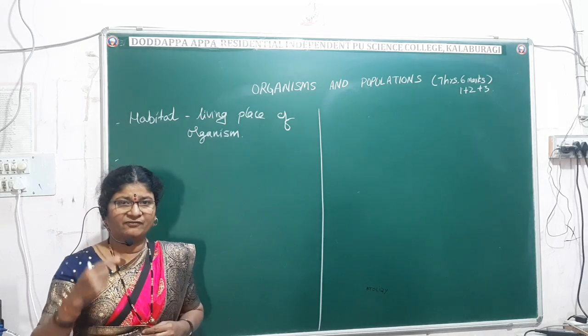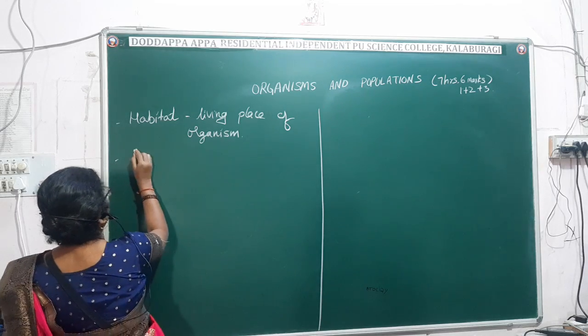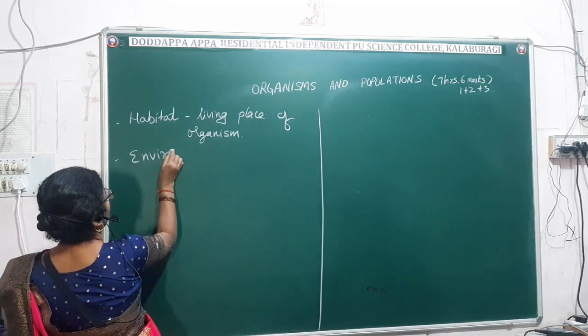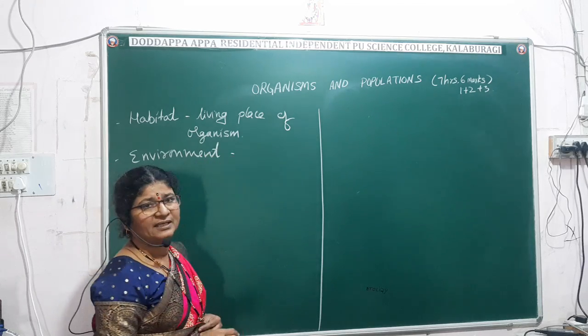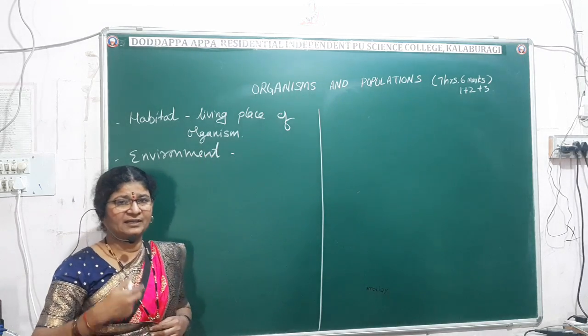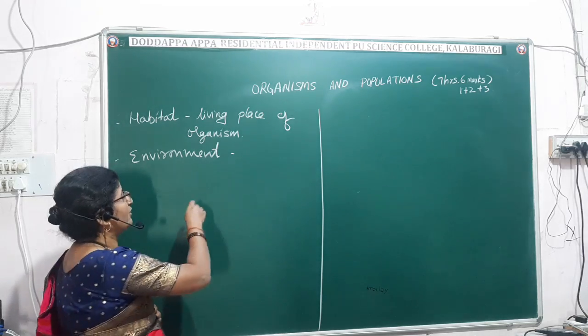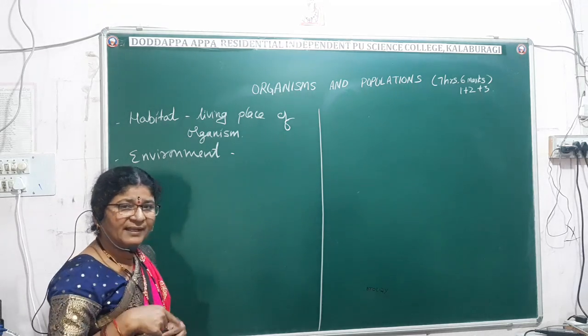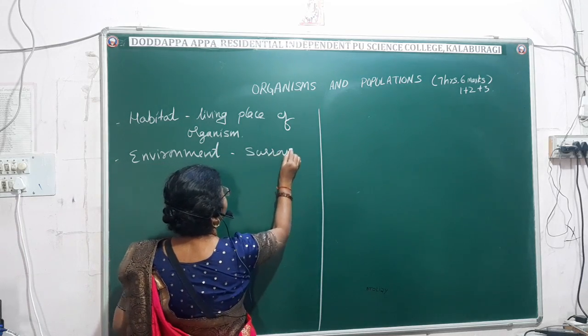What do you mean by environment? It depends on your pronunciation; some will pronounce it one way or another. I have a habit of pronouncing it as environment. So environment is the surrounding place of the organism.